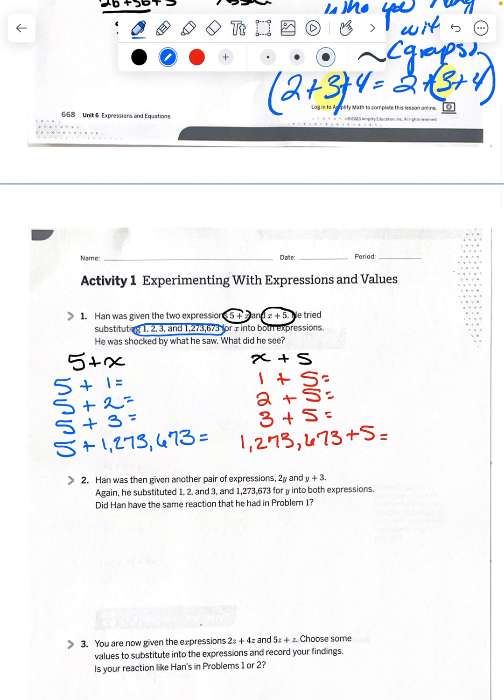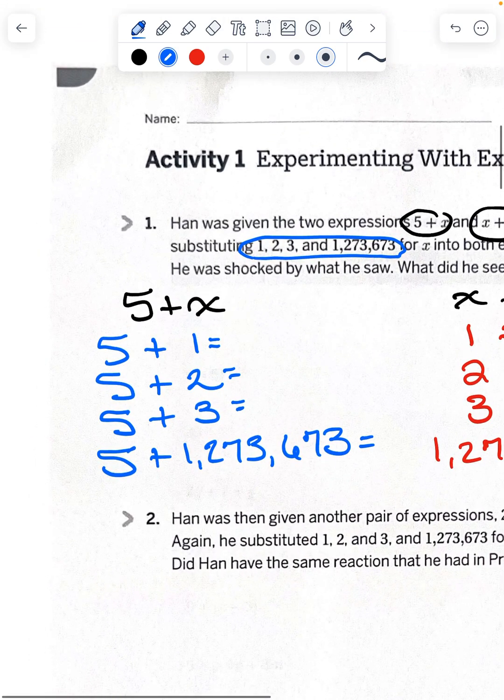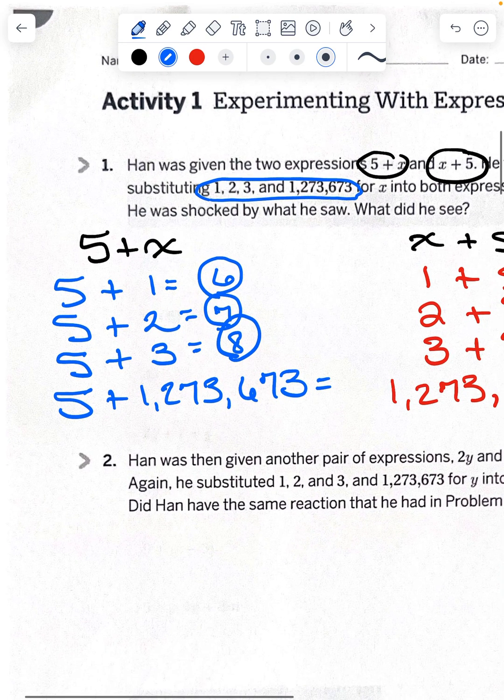And we're going to see what Han saw. So now if I solve 5 plus 1, I get 6. If I do 5 plus 2, I get 7. If I do 5 plus 3, I get 8. And if I do 1,273,673, the 5 and the 3 make 8, so I'll get 1,273,678.